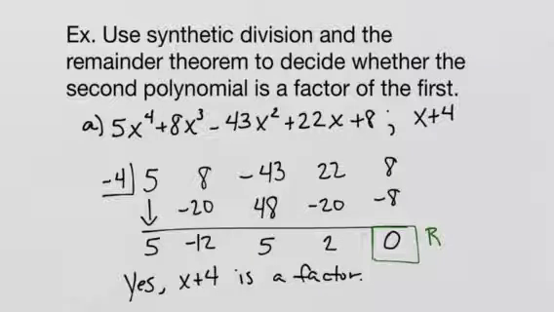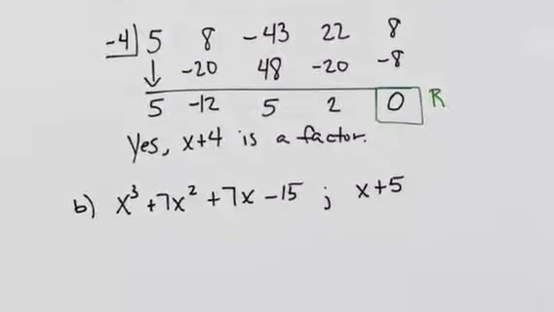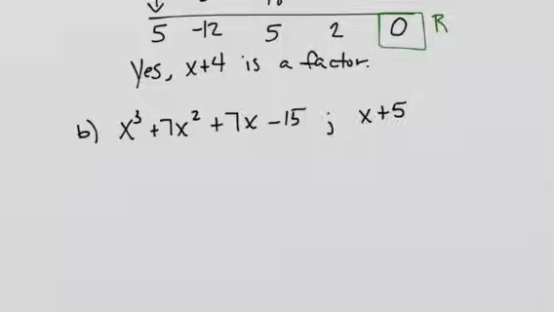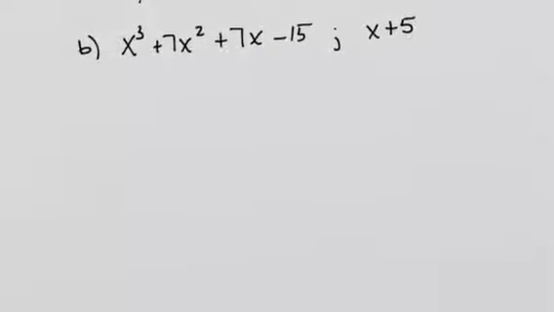Continuing on to our next example, we're still going to use synthetic division and the remainder theorem to decide whether the second polynomial is a factor of the first. So moving down to part B of this question, we are asked, is the polynomial x plus 5 a factor of the polynomial x cubed plus 7x squared plus 7x minus 15?